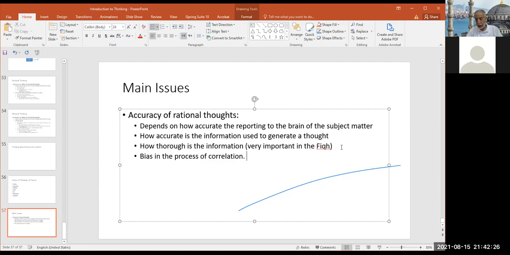Let's say the Khalifa must be an Arab or must be from Quraysh. That's an opinion I already have, and probably this opinion is strengthened, or let me put this example in writing.